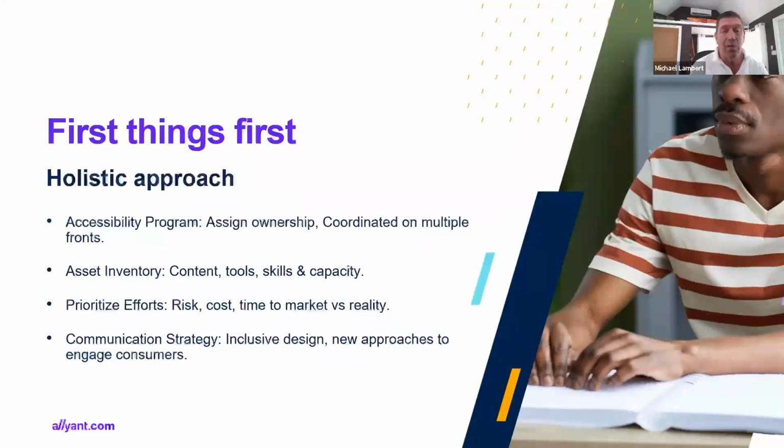It's going to be a coordinated effort across many different lines of businesses in organizations within an enterprise. So it needs to have centralization and visibility and ownership. You've got to create that asset inventory of the content, tools, skills, capacity, partners. Prioritize these efforts on risk, cost, time to market versus reality, right?